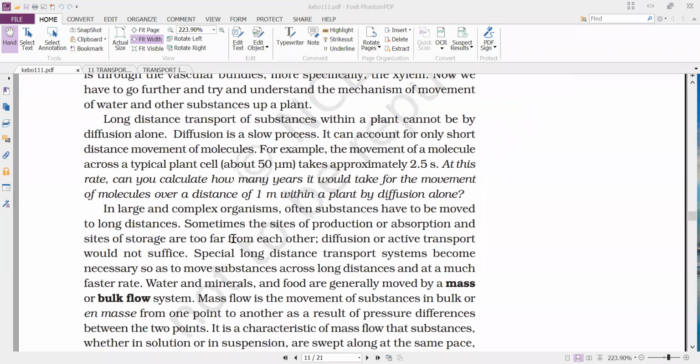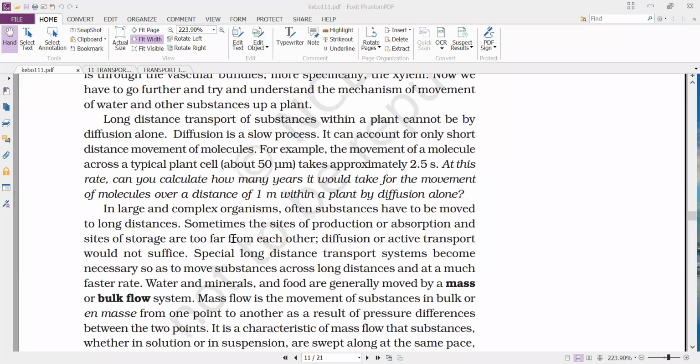The long distance transport of substances within a plant cannot be by diffusion alone. Diffusion is also there, but not alone. The long distance transport of any substance, be it water, mineral salts, or mineral nutrients, cannot be done by diffusion alone.